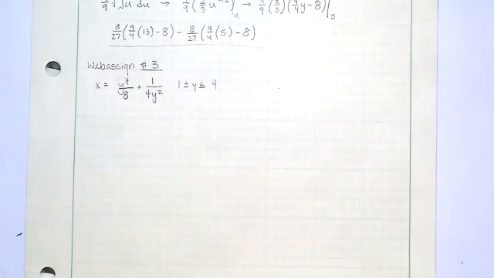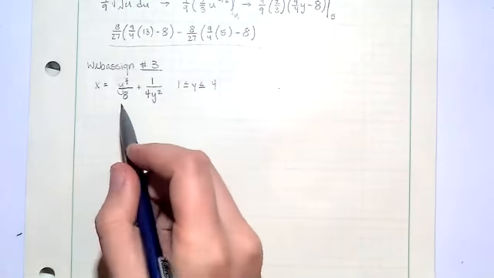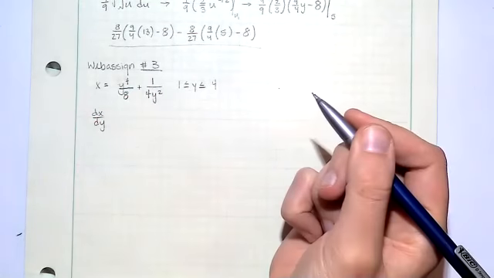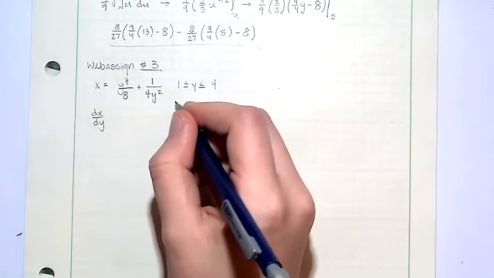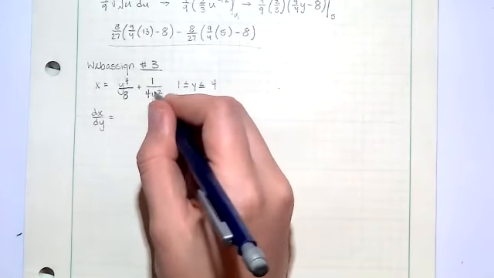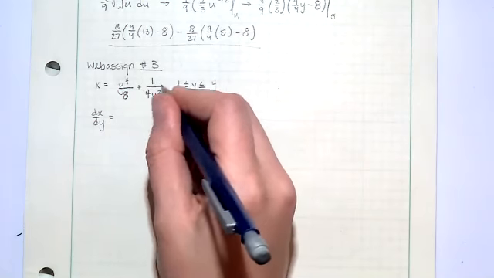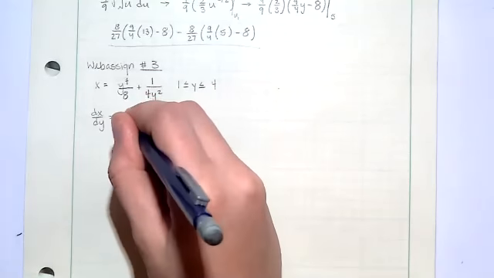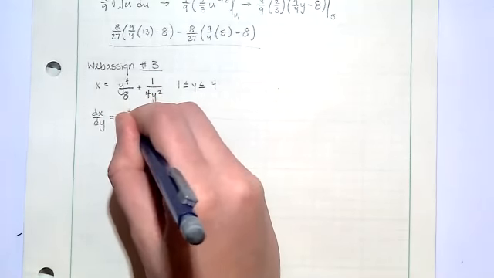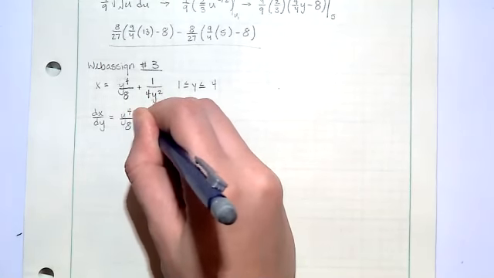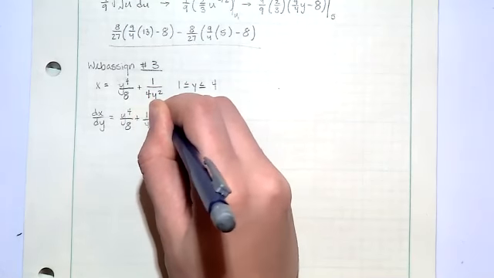And so then with this guy, in finding your dx/dy, you can either take it at face value. What I like to do though is rearrange and rewrite so that all of my exponents are in the numerator. So when it comes to this 1 over 4y squared, we can rewrite that as 1/4 y to the negative 2.